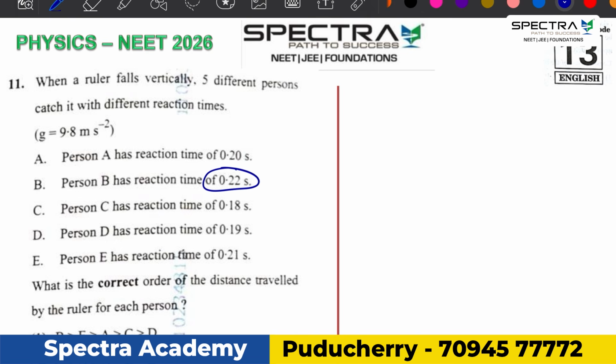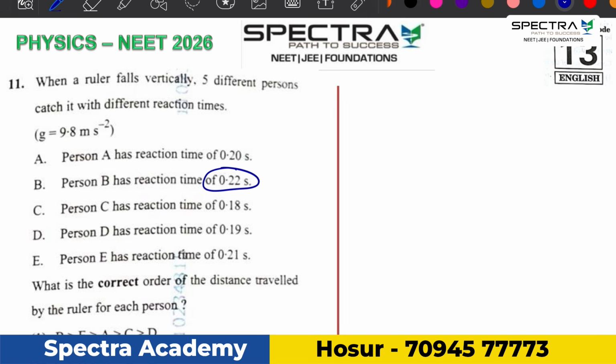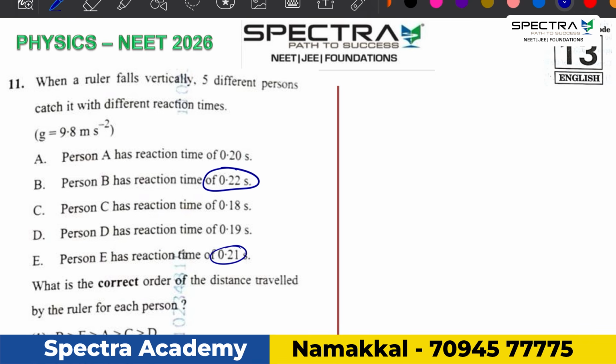Person B. So person B will be having more time, means more distance will be traveled, because the ruler is falling vertically and 5 different persons are catching. More reaction time means more distance will be traveled. So B will be greater than, then who will be coming? D. So D greater than E, then greater than A, and the lesser one will be for what? C. So fourth option will be the right answer.